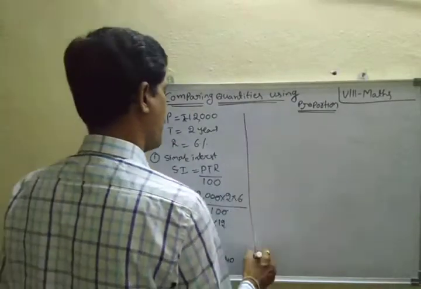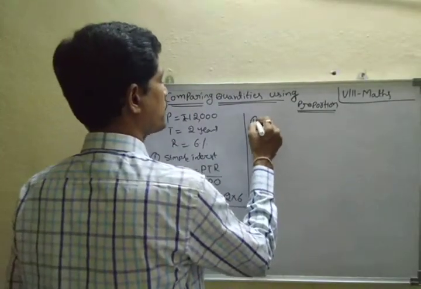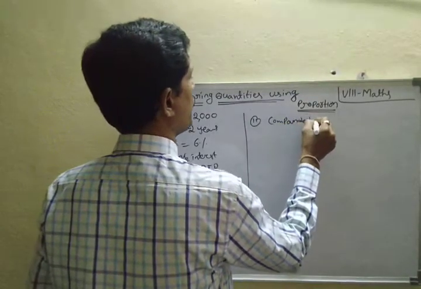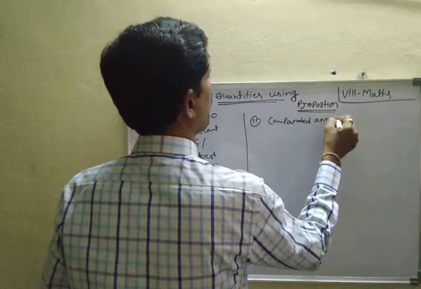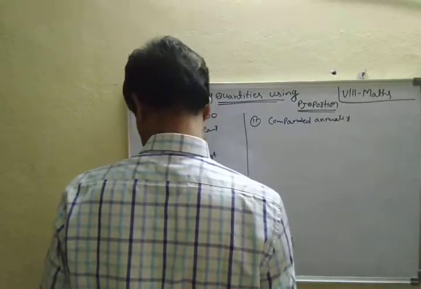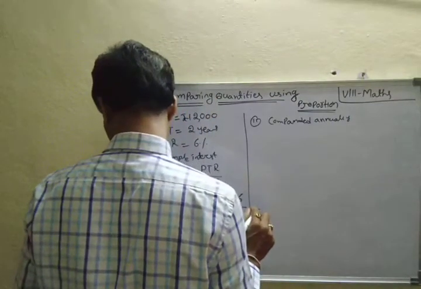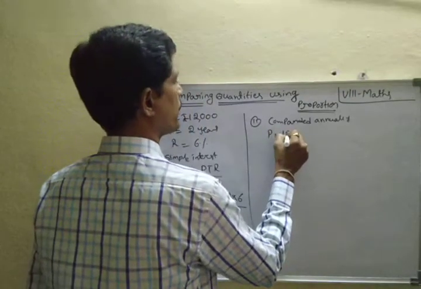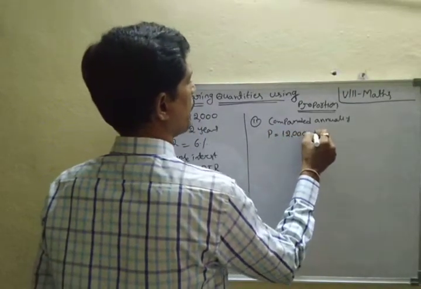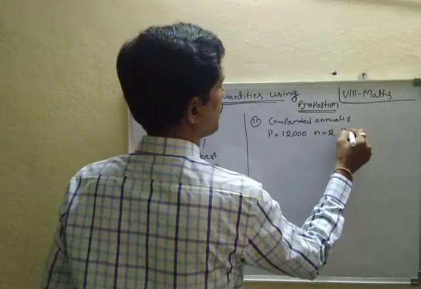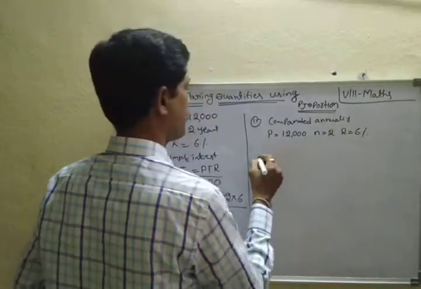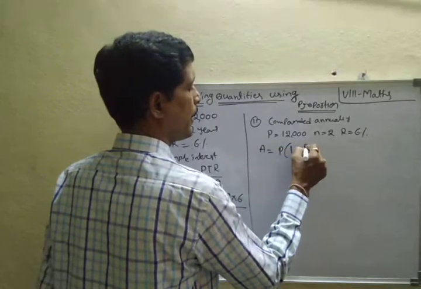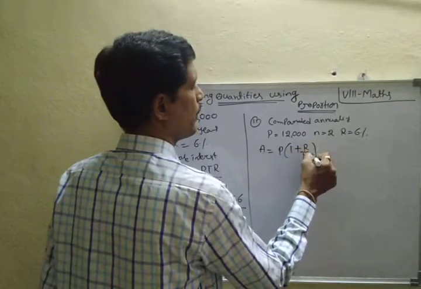Next one, the second one is compounded annually. Therefore here P equal to 12,000 rupees, N equal to 2, R equal to 6% per annum. Therefore amount equal to P into 1 plus R by 100 whole power n.